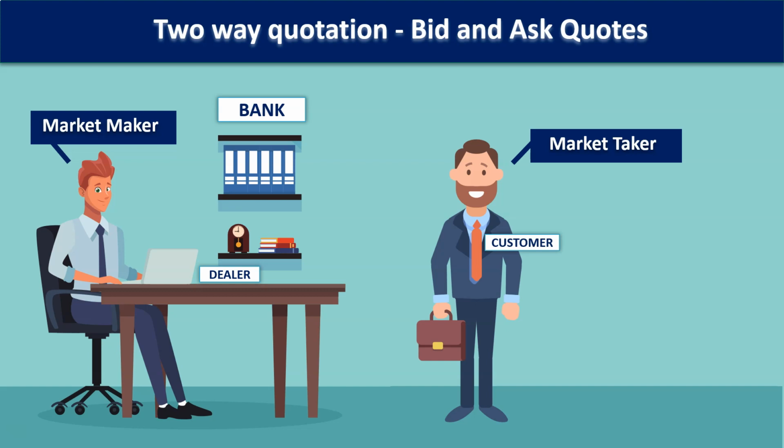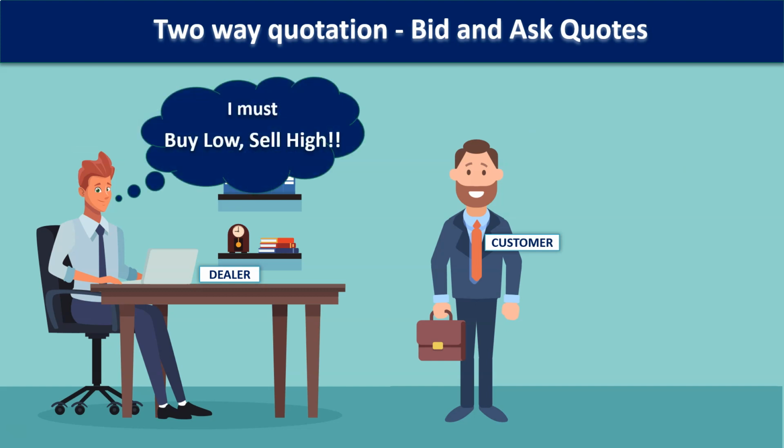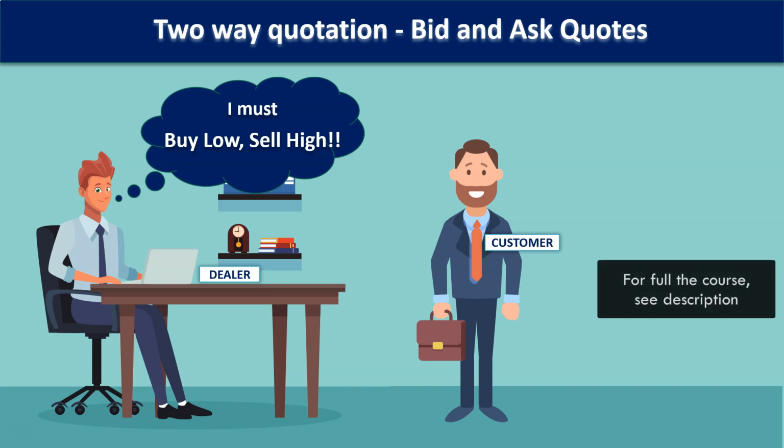His buying price or selling price? Of course, he will want to buy the currency at a lower price and sell at a higher price. Only then he can make profit, isn't it? So, always remember, for the market maker, the rule is always buy low, sell high.